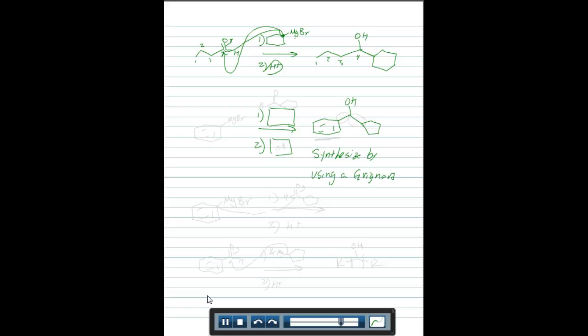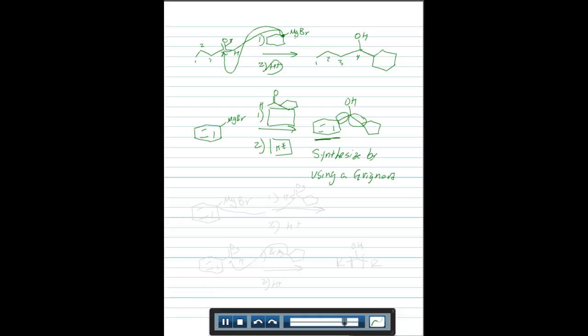You can either make this bond with a Grignard, or you can make this bond with a Grignard. Okay, so there's two possible answers. If the benzene is the Grignard, so this is MgBr, then your reagent that you're reacting it with, your aldehyde, would be that 5-membered ring aldehyde, and this is acid.